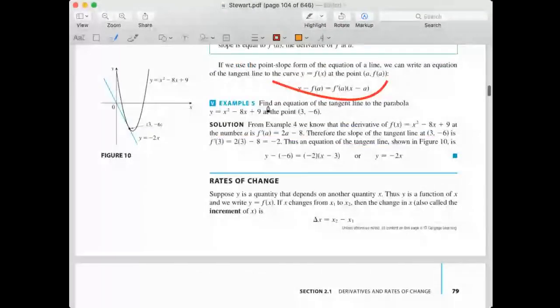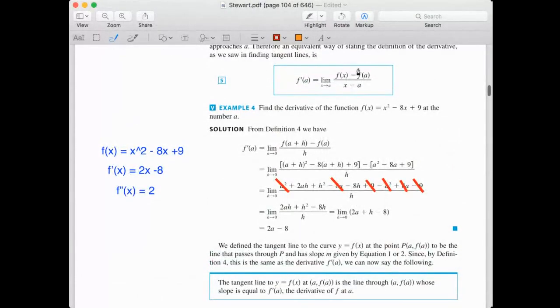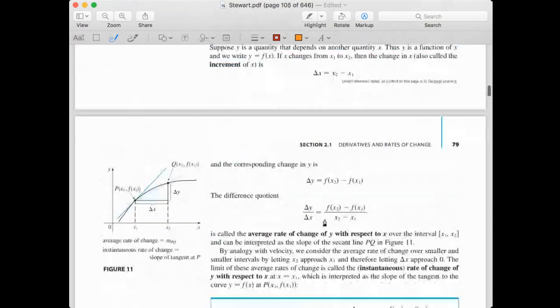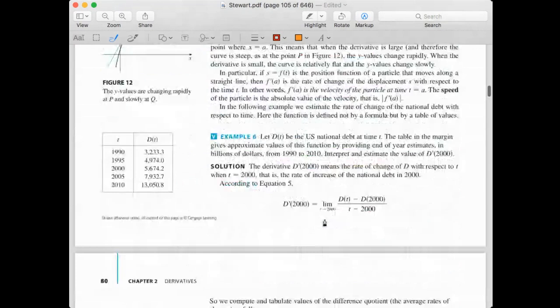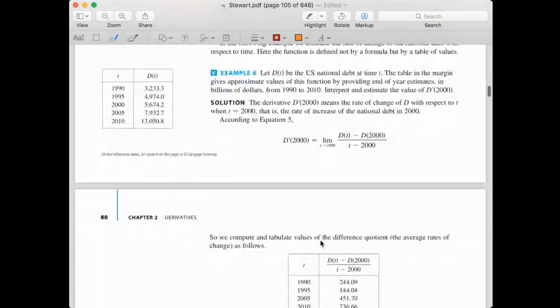So these are the 2 points: take 2 points, one point is x, f of x, another point is a, f of a. Use this equation. Equation 5 is one of the definitions. Take 2 points from the table, so we have D of t and the point D of 2000. We have these 2 points.